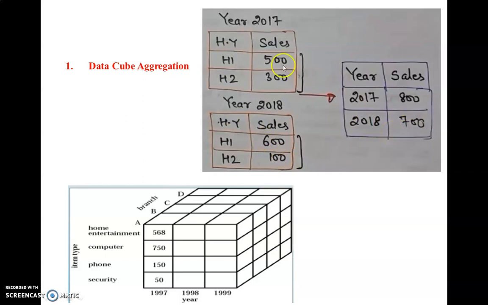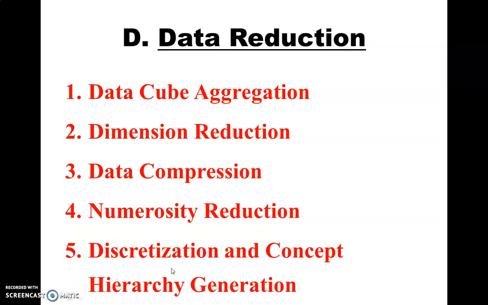So these are aggregated into one, or we aggregate into something called a data cube, which is multidimensional. Using this data cube it becomes easy to access the data and retrieve relevant information. So this is what we have in data cube aggregation.